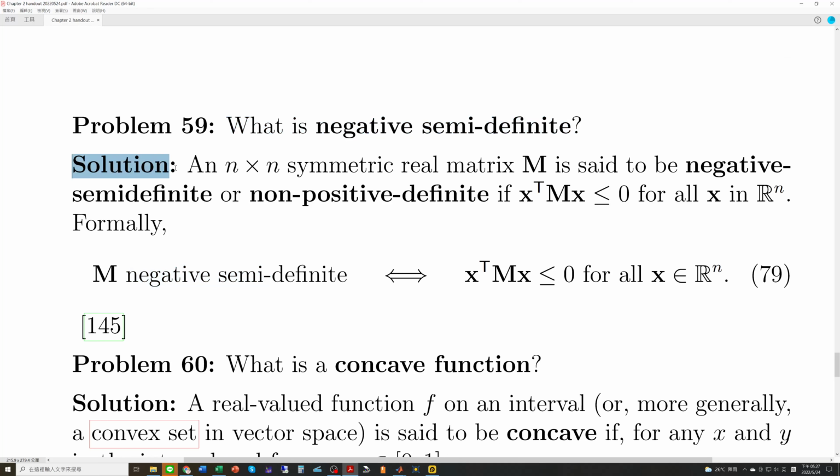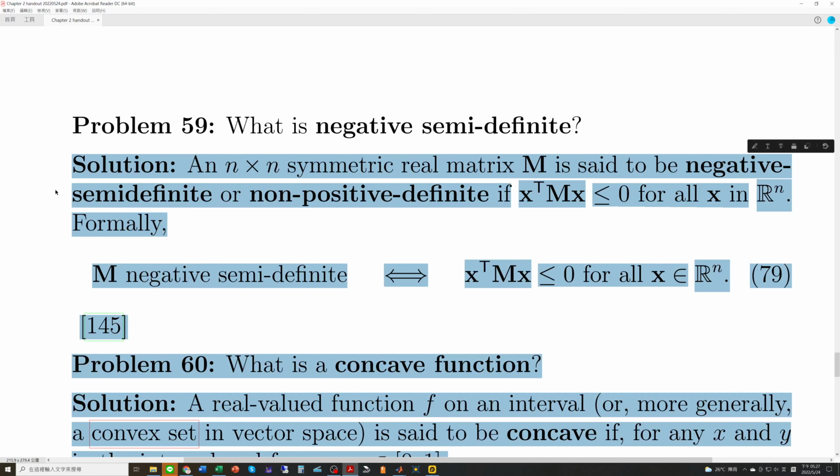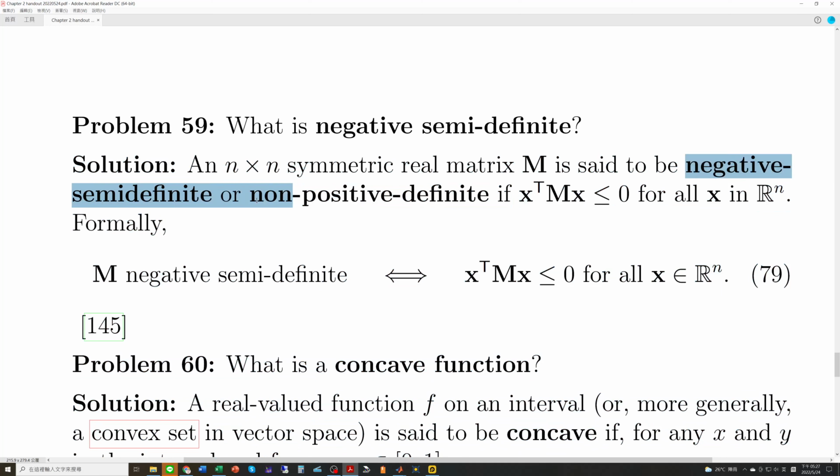Okay, solution: an n by n symmetric real matrix M is said to be negative semi-definite or non-positive definite if X transpose times M times X is smaller than or equal to 0. Okay, please note that this 0 is not bold, so it is a scalar, not a vector or matrix, for all vector x in R to the power of n.